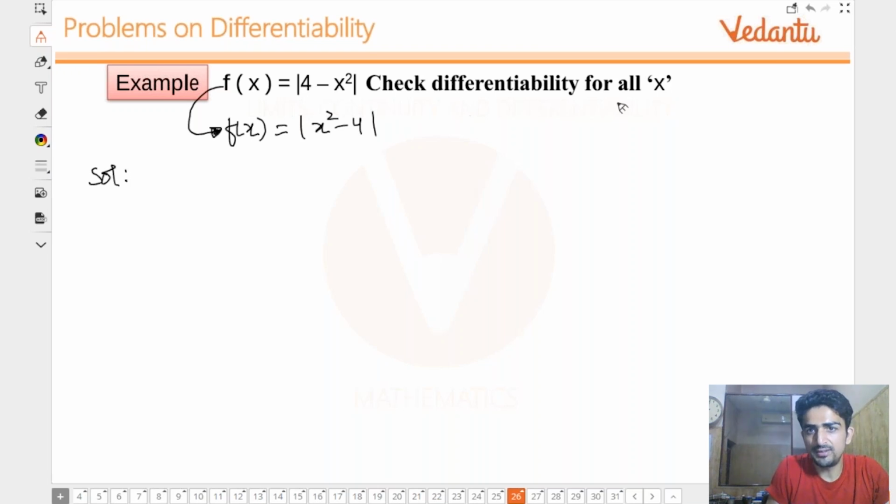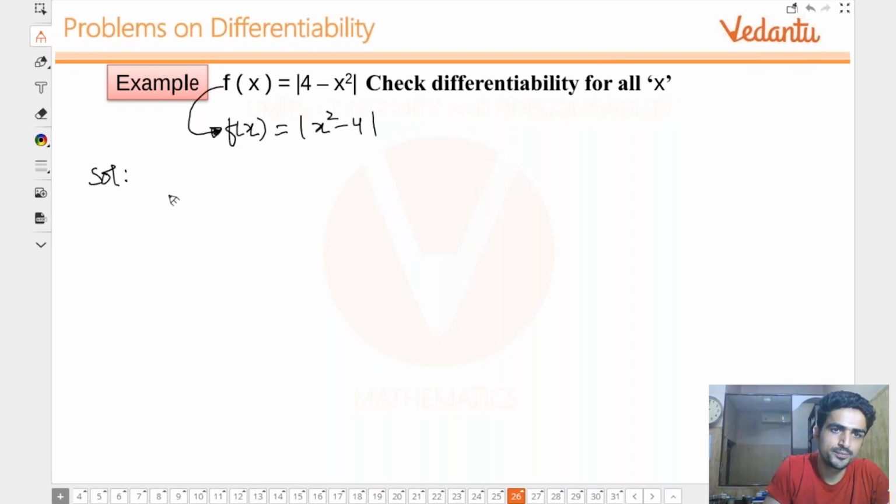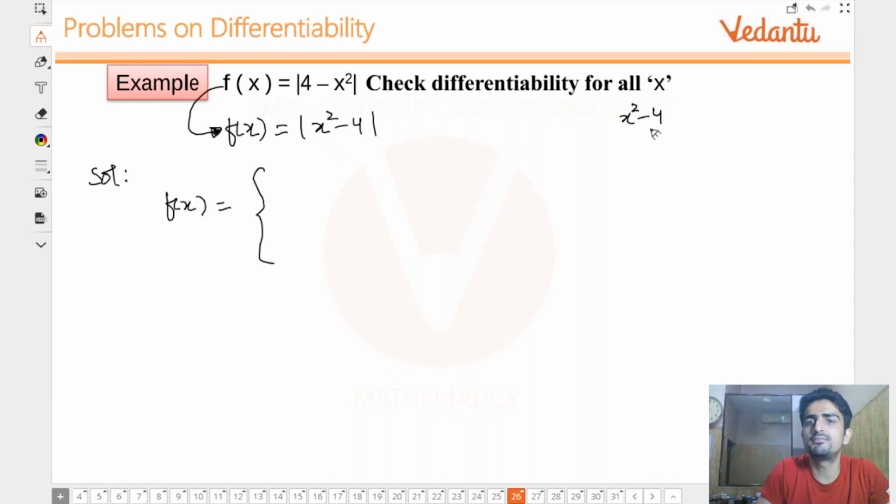So we need to check differentiability for all x. Now guys, the point is, first I should know where I need to check differentiability. For that, you need to remove this mod. For that, you need to see where this thing is positive and where it is negative.